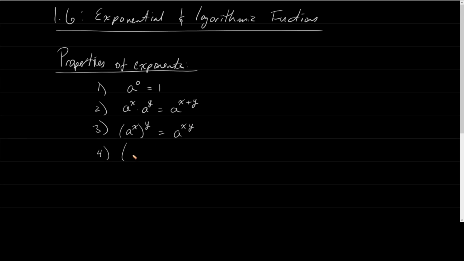If I have ab to the x, this is a to the x times b to the x. If I have a to the x over a to the y, that's a to the x minus y.